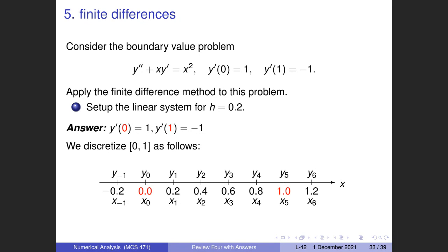So we have 5 intervals because we have the spacing 0.2. We have 4 interior points, but since this is a Neumann problem, we will also have the boundary values, which are the unknowns. So the dimension of this system is 6, not 4. So that's an important consequence of this being a Neumann problem and not a Dirichlet problem.